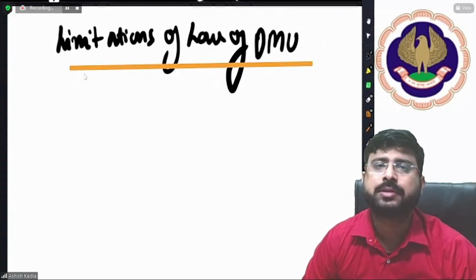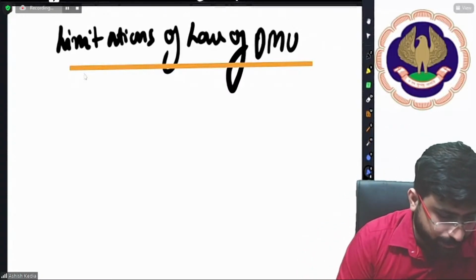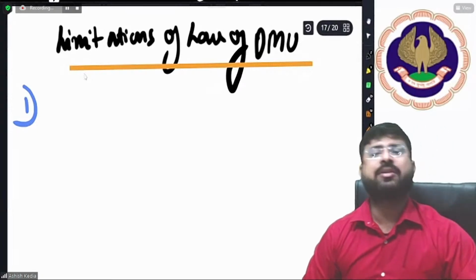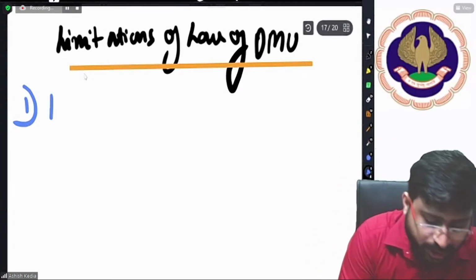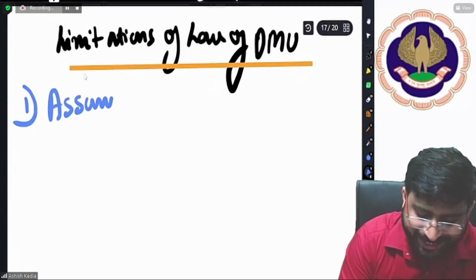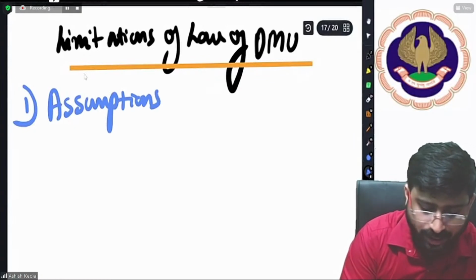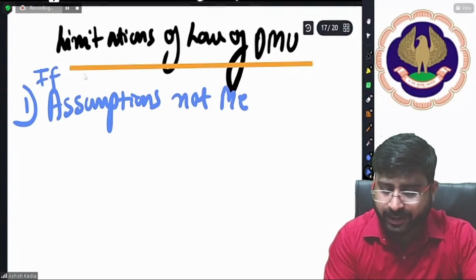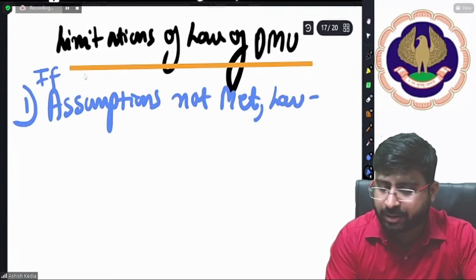Okay, sir. So the number one limitation of law of DMU is it is based on a lot of assumptions. So if these assumptions are not met, then this law will fail.